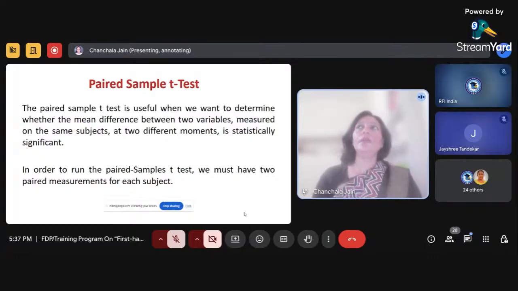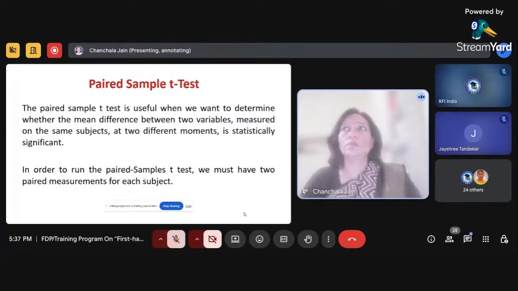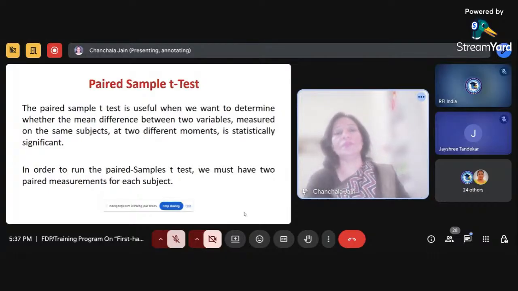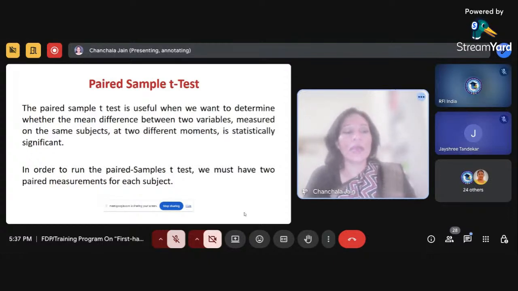For example, before starting this particular FDP, suppose I asked you certain questions on SPSS, and then after teaching you SPSS, I conducted the same test on the same group of people. In that case, the intervention is the teaching here, right?